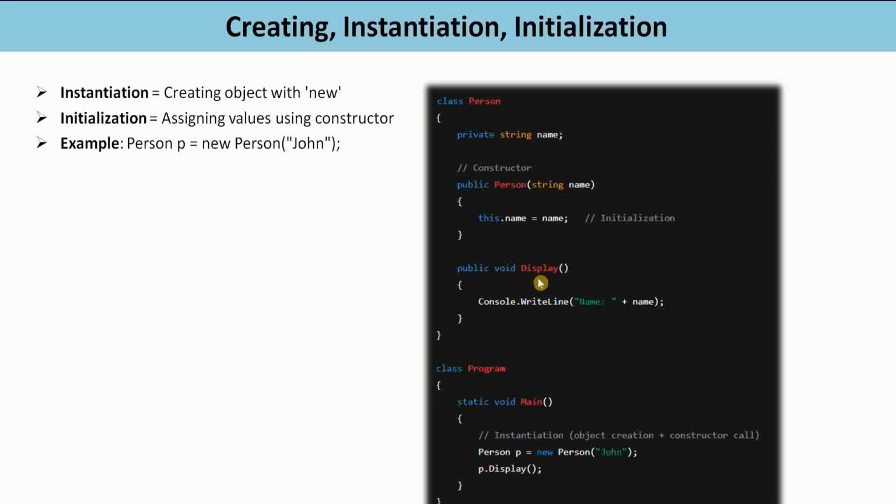Here we have one display method where we are displaying the values. Here we use the new keyword to create the instance, and we are using the parameterized constructor where we pass one parameter. So this is all about creating the instance and initializing the values through the constructor.